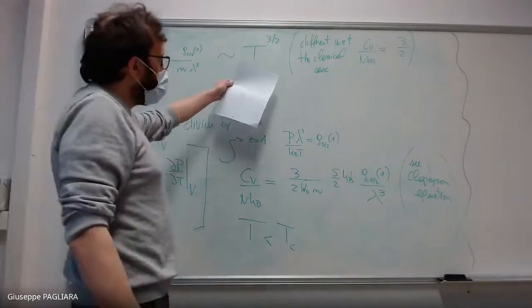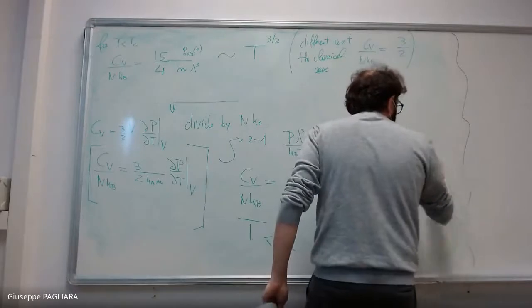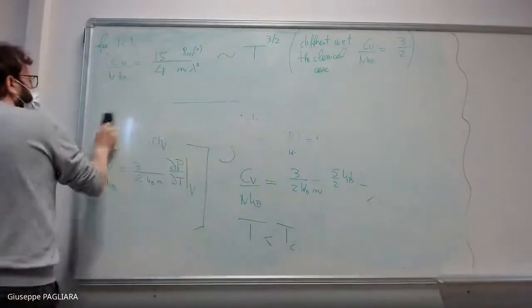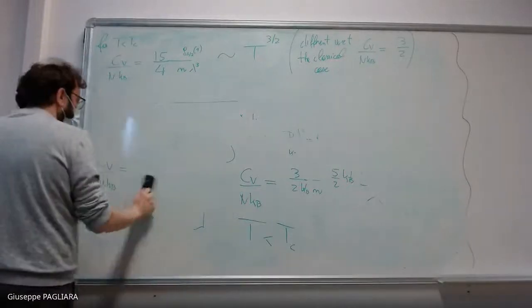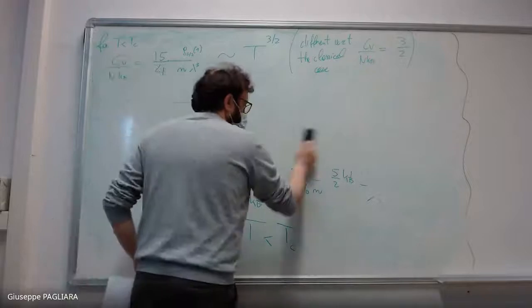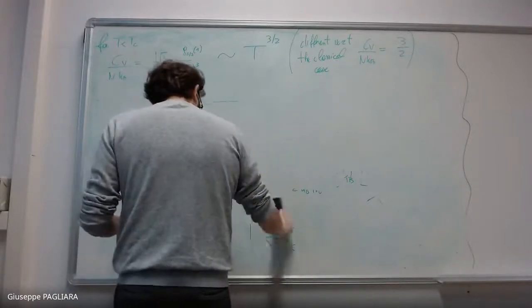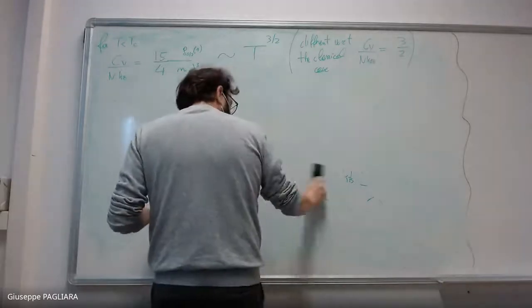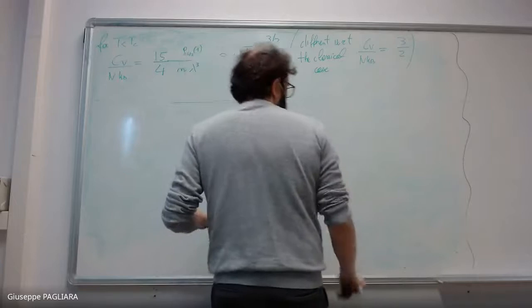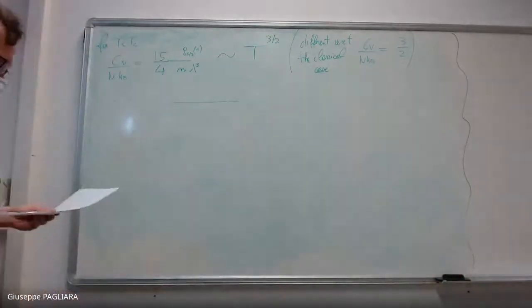Actually, you might remember the scaling of the CV with the temperature in the case of photons, or also the case of the Einstein model of solids that we commented on at some point.